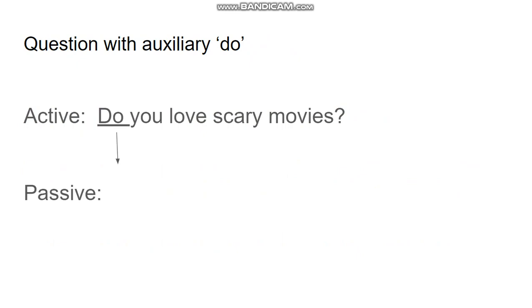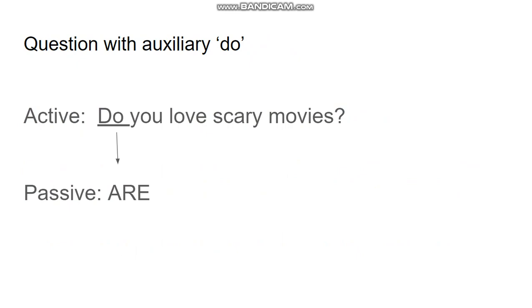You need to look at your auxiliary verb, to do, because in the passive your auxiliary verb is to be. You need to use to be in the same tense as do. And do is the present simple, did is the past simple. So here we need either is or am or are, depending on our subject.